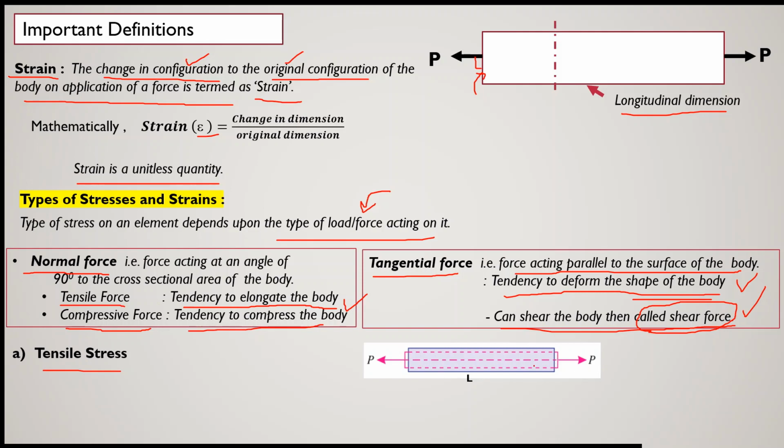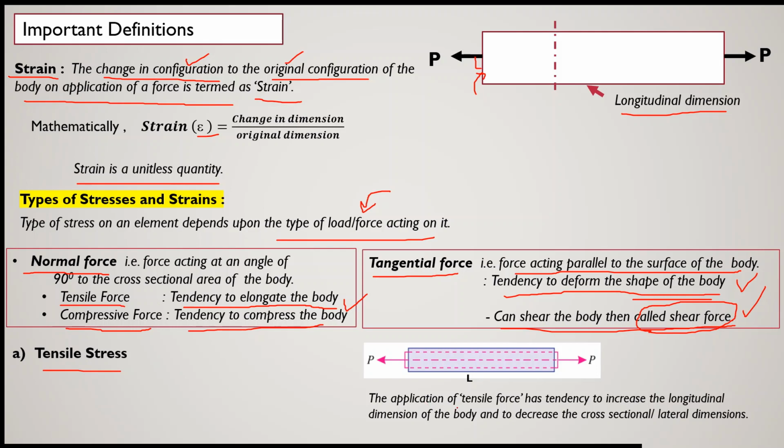Now you can see, if this force is able to elongate it, then this body can get the shape which is shown as dotted. So you will observe here that there is a decrease in the lateral dimension but an increase in the length.